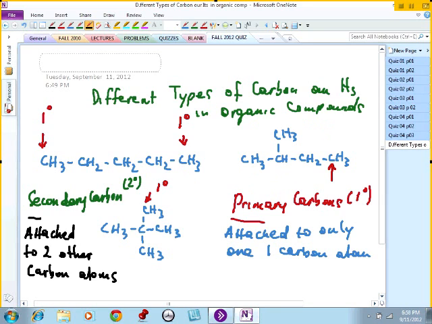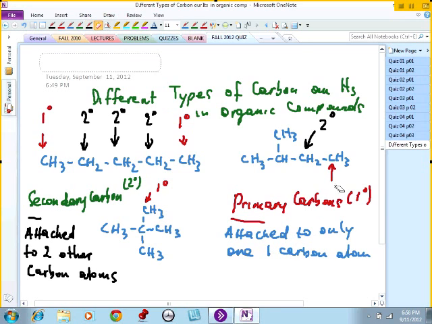So if we look at this molecule here, what type of carbon is this? That would be a secondary carbon. And the hydrogen that is attached to a secondary carbon is called a secondary hydrogen. What type of carbon is this? Secondary. The same thing here, secondary. Same thing here, secondary. Okay, so far so good.